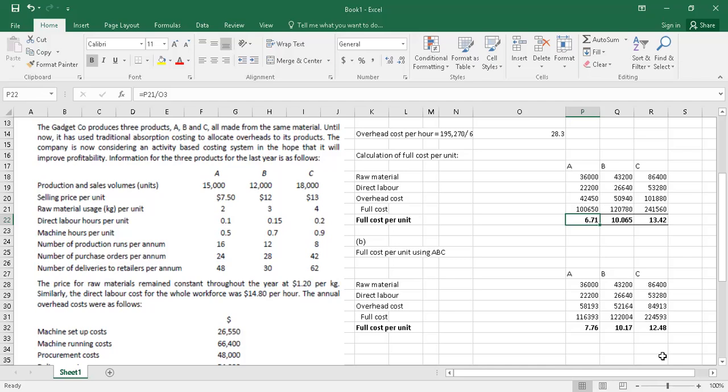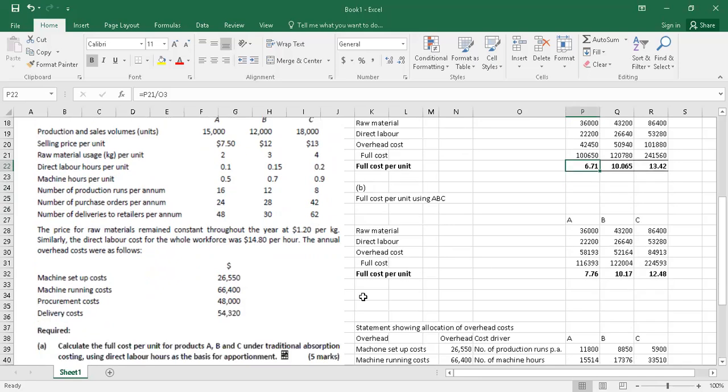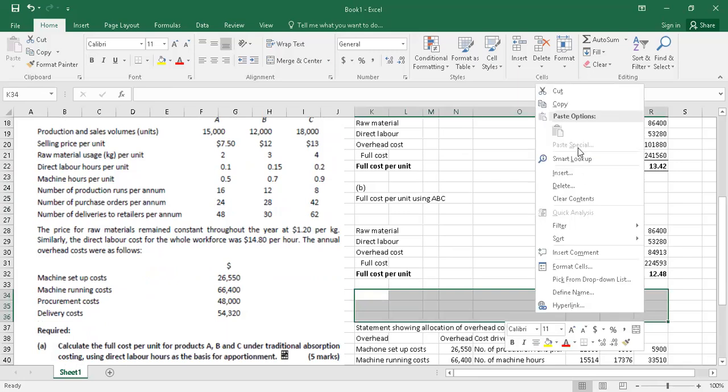So how can the profitability be increased? So what can you do? How do you present the answer? While presenting the answer in a statement format for A, B, C, what are the costs? First, you can write. Let's put B also. Let's put this one. I'm just writing it here. Later on, I'll drag it down to C bit because the data is all available here. So I will write it here.